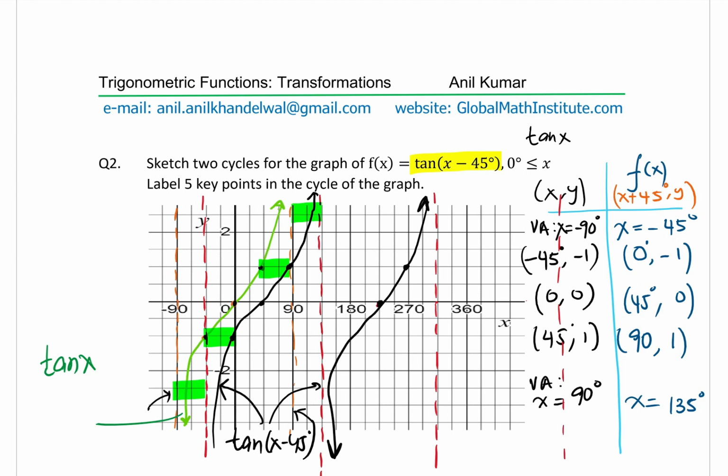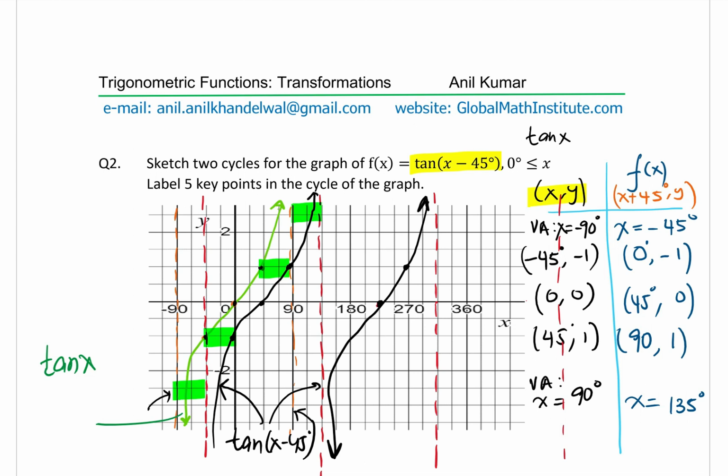Is that clear to you? Correct? So the key points for the parent function are shown here. And then we transform that, and then we got the final points. So I think the steps are absolutely clear. So that is very easy to sketch the graph and really helps.